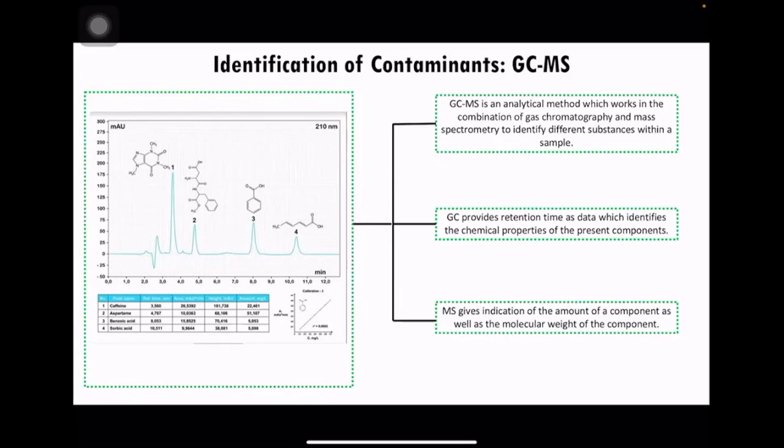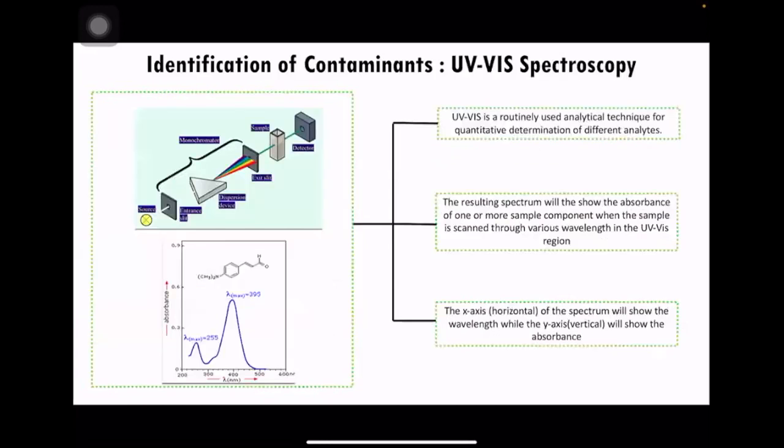mass spectroscopy will be giving us an indication about the amount of component as well as the molecular weight of the component. So from the molecular weight, it would be easier for us to determine the contaminant that is present as well. And then also UV-Vis spectroscopy can be used for this purpose, where it can be used for quantitative determination of different analytes.